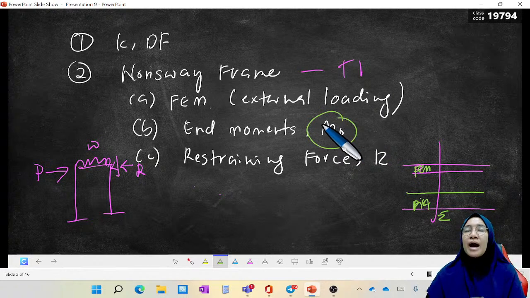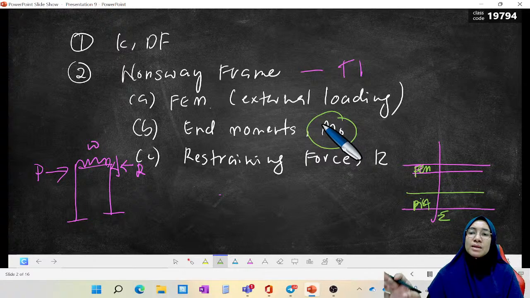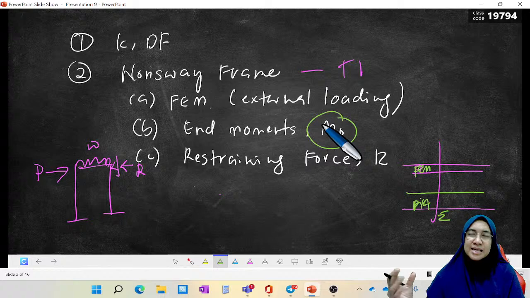After that, the end moment that we calculated from the table is actually the internal moment.